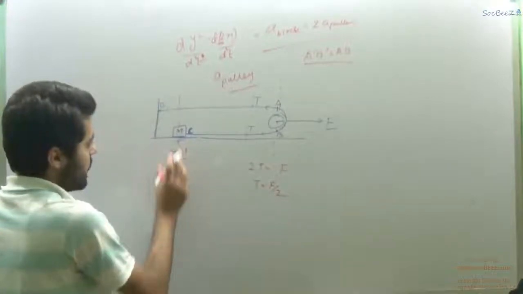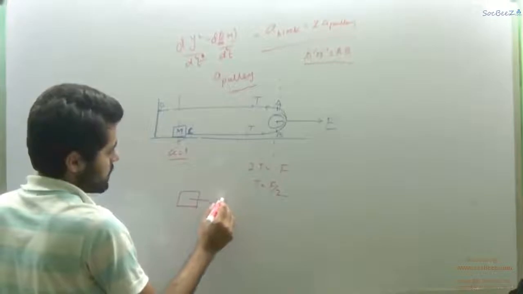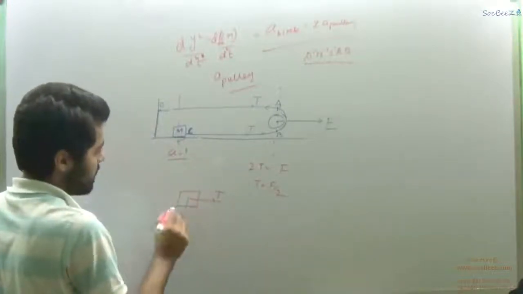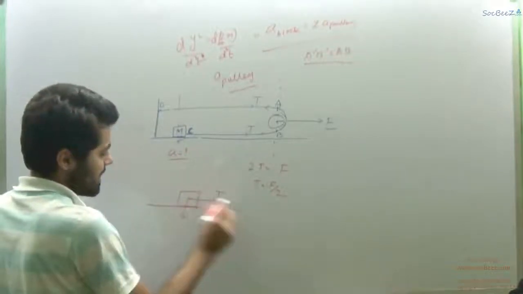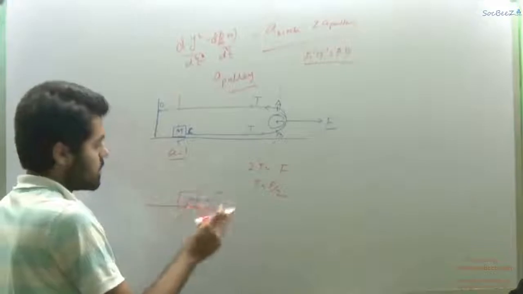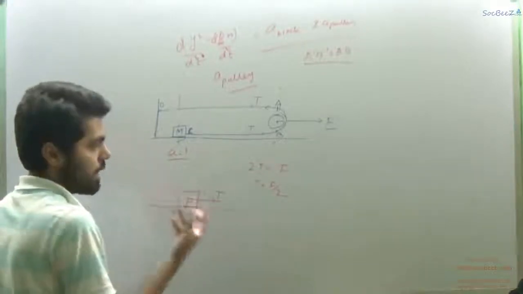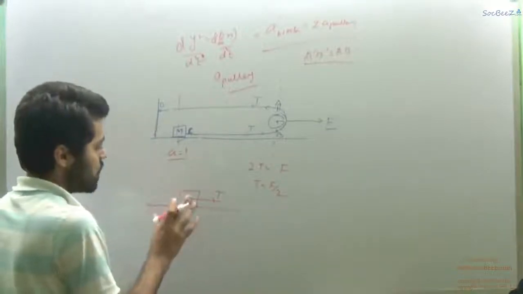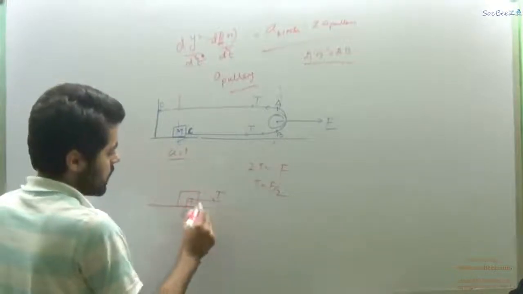Now we have to draw the FBD of this block M. This block is pulled only by tension, there is no other force. Gravity is actually there, but it is not going to play any role here because the displacement is along the x-axis and gravity is perpendicular to it. We only need to take into consideration the horizontal forces, and that's just one force.